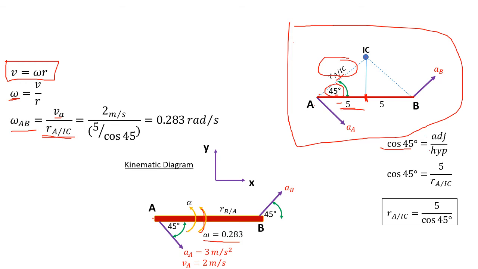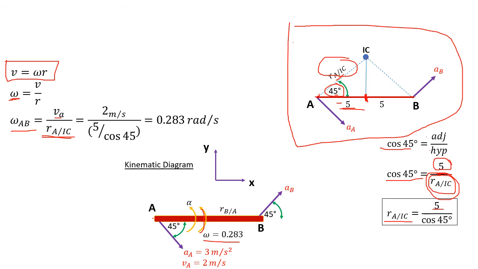My adjacent value is 5, and my hypotenuse is what I'm looking for here, r of A relative to my IC, so this length from here to here. So the cosine of 45 is equal to 5 over r A/IC. I can rearrange that and solve for the length I'm looking for, and I say that my length from A to IC is equal to 5 divided by the cosine of 45.